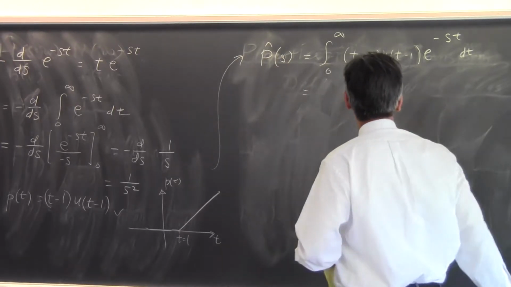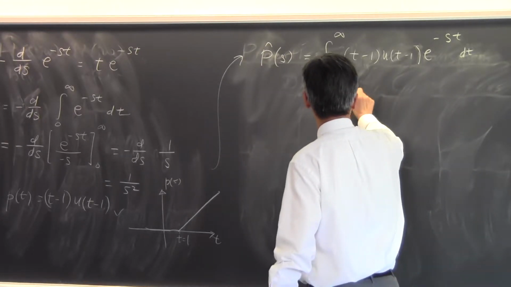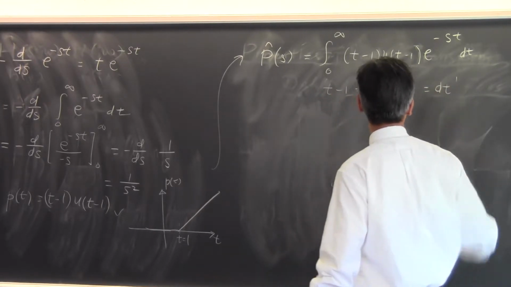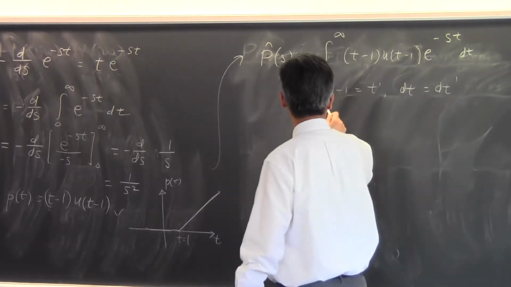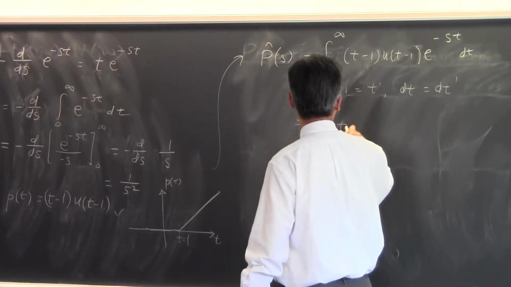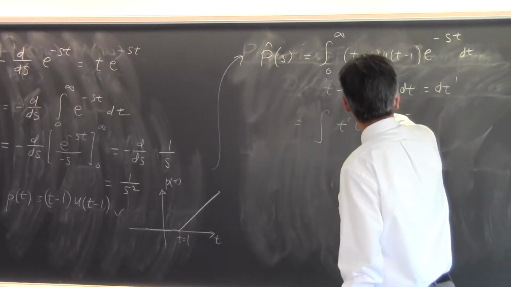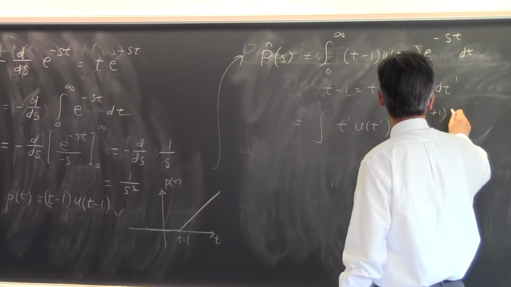I can actually do a change of variable here, letting t minus 1 equal t prime, so dt is equal to dt prime. If I do that, then my integration becomes t prime u of t prime e to the minus t prime plus 1 times s.